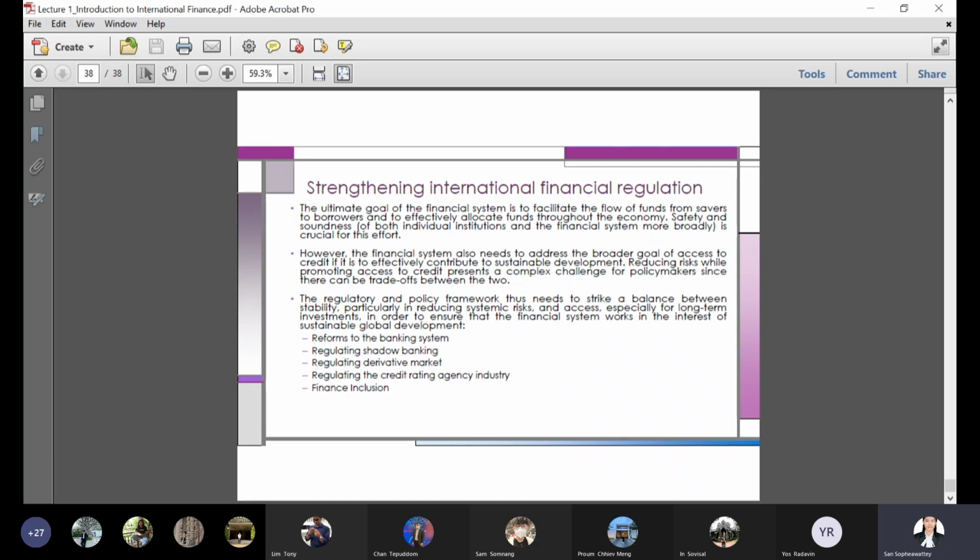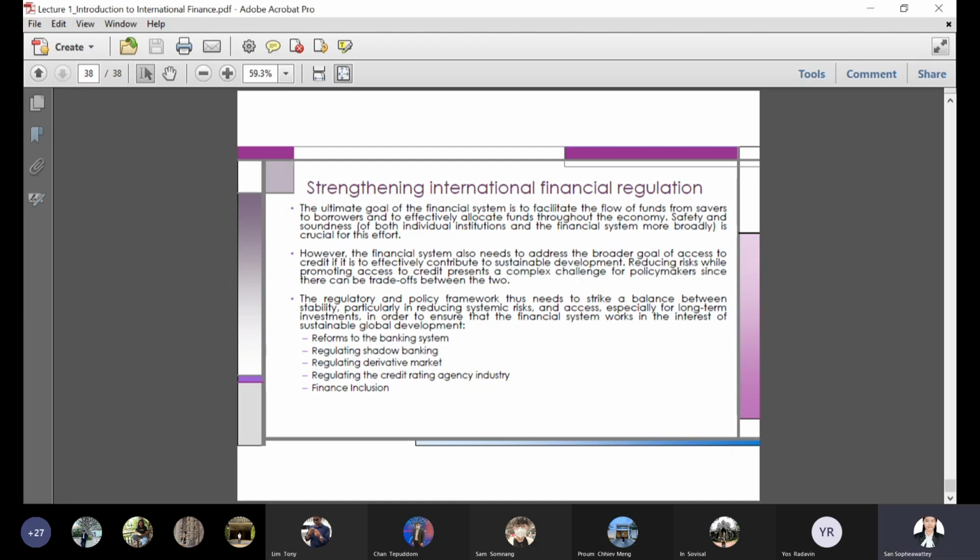So the reform is that we start to regulate those rating agencies to minimize inherent risk in the financial system. Because during the GFC, those credit rating agencies failed to properly assess the risk of the debt obligations of the subprime mortgage at that time.